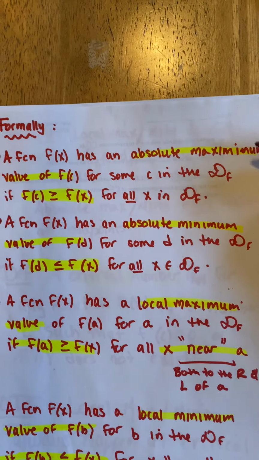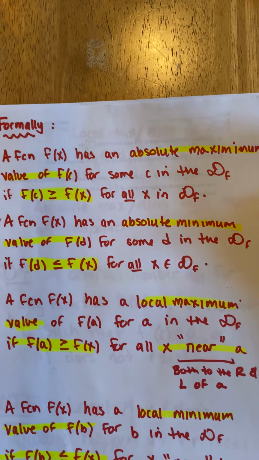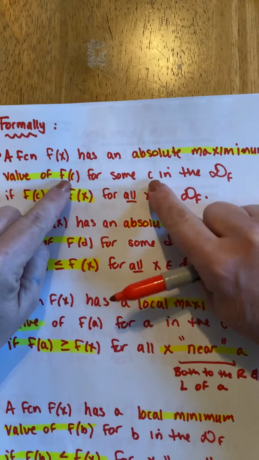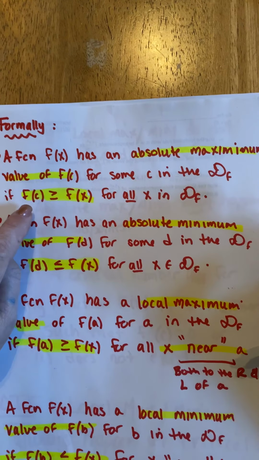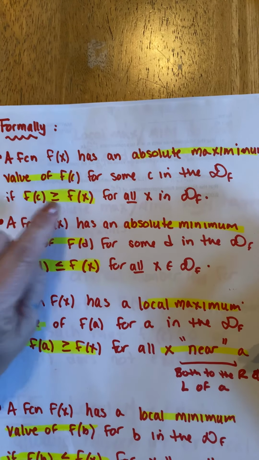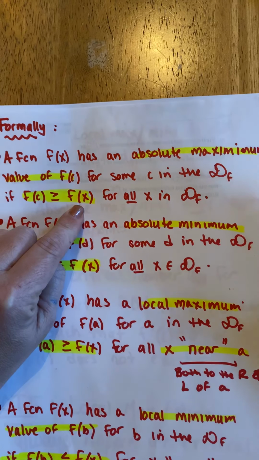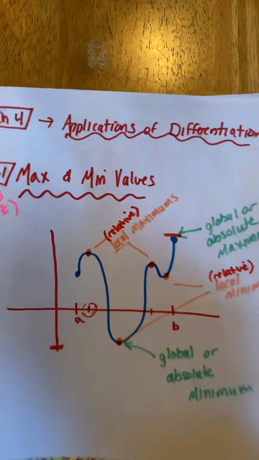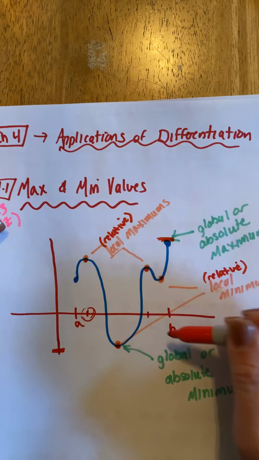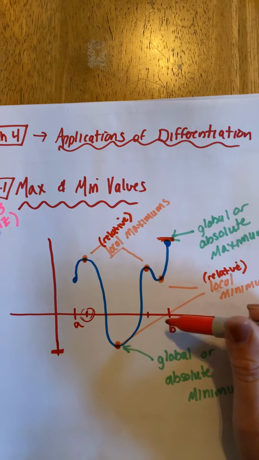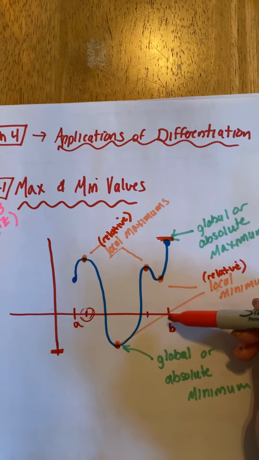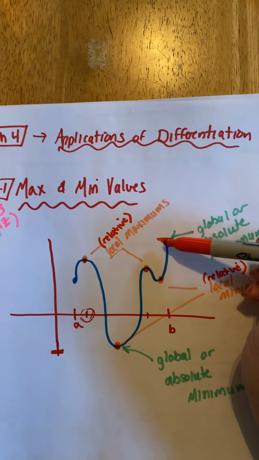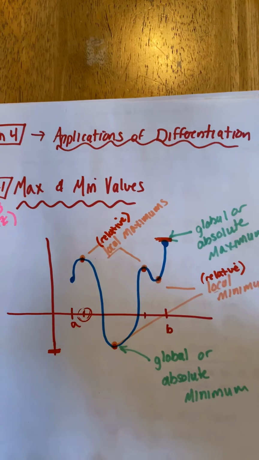A function has an absolute maximum value of f of c for some point c, and we'll talk about the difference between these two in a minute, if the output at c is greater than or equal to all outputs for all the values in the domain of the function. So if we look here, the highest output occurs at this point b. So we would say that this function has an absolute maximum. It occurs at the value b, and then whatever this output is, that would be the value of the absolute maximum.